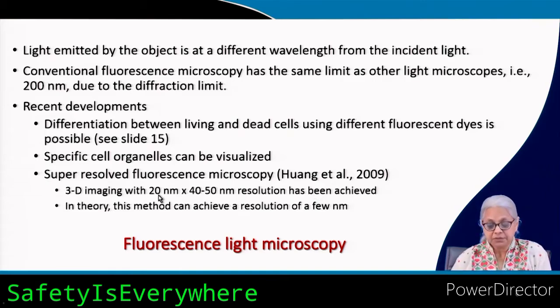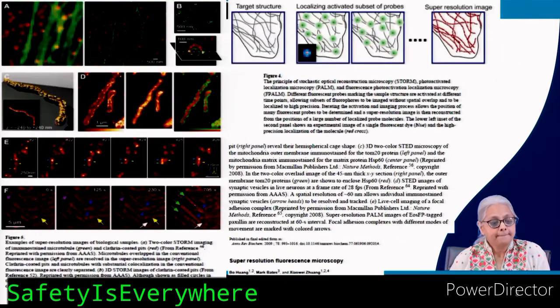And the current results, which I'm going to show you in a little bit, are 3D images that have been achieved with a resolution of 20 nanometers by 40 to 50 nanometers. So the one that I'm going to focus on in this particular case is C. C is a mitochondrial membrane, and since you know a little bit about mitochondria, it may have some relevance.